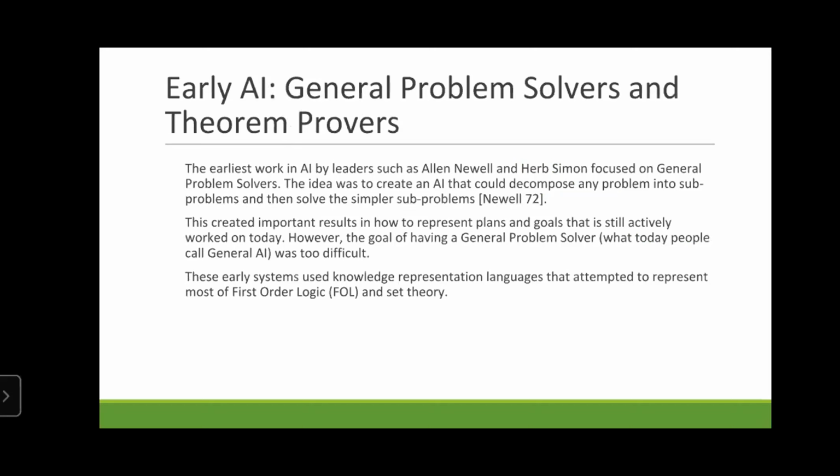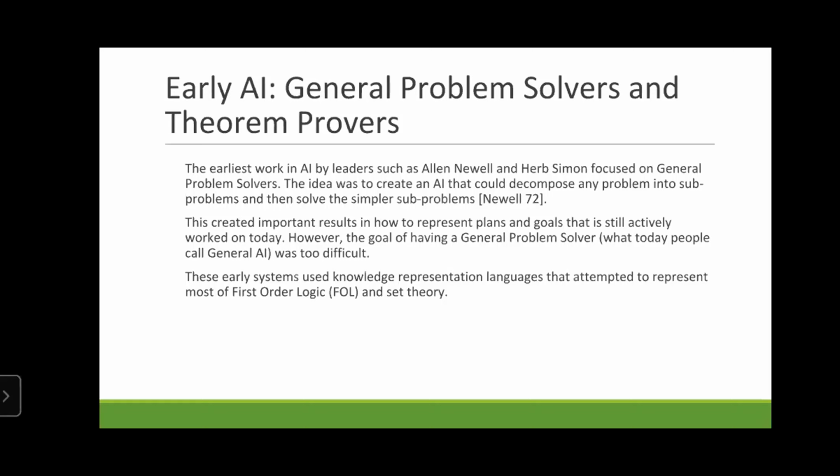So in the very beginning of symbolic AI, there were two guys, Allen Newell and Herb Simon, who focused on what were called general problem solvers. The idea was that you would take any kind of problem, decompose that problem into subproblems, solve those subproblems, and then propagate those solutions back up so that you solve the overall general problem.